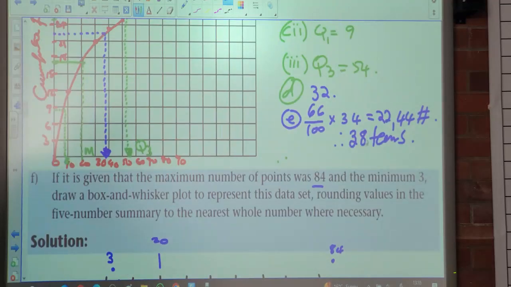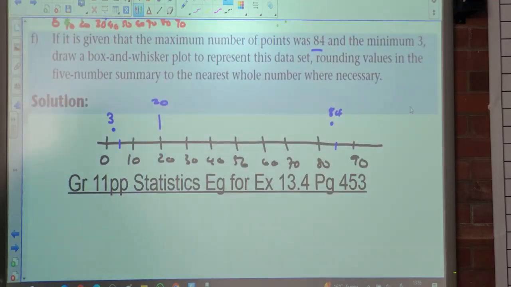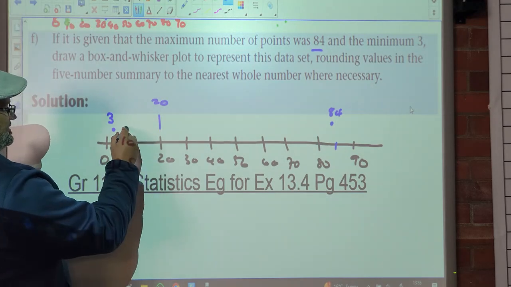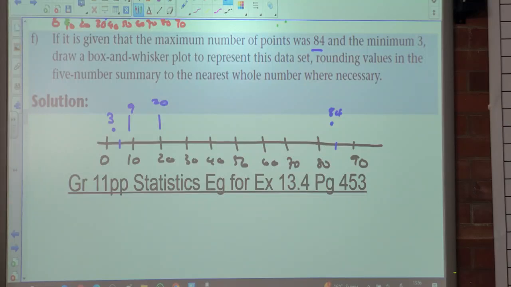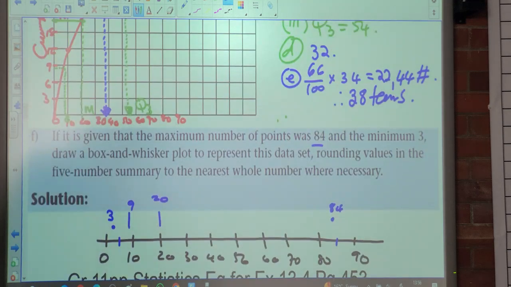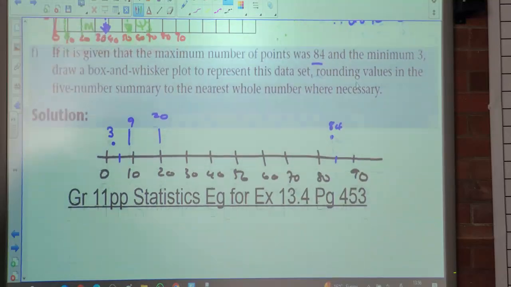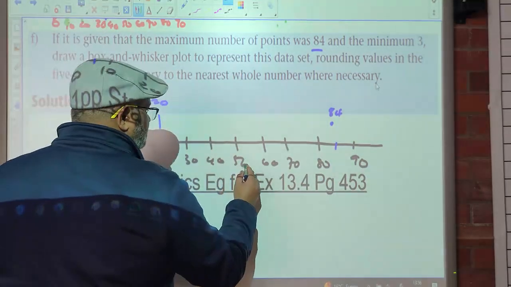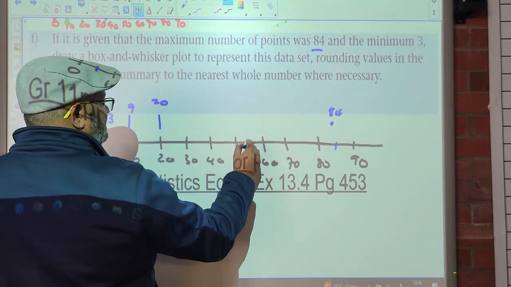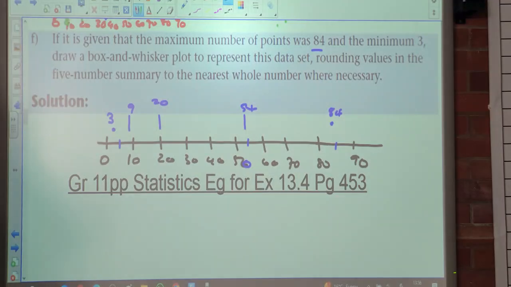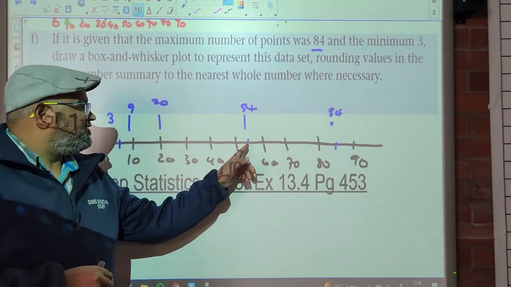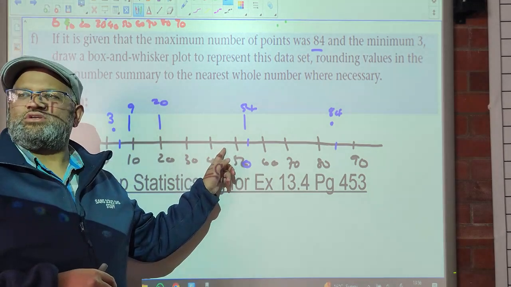Then Q1 is 8 or 9. 10 is here, 8 is approximately there, or 9. Whatever. I think I wrote 9 or 8. 9, huh? But on the WhatsApp I wrote 8. But anyway, 8 or 9. And then Q3 was 54. So there's 50, and 55 is there, so just less than that. It's 50. People, it's again by approximation. Of course, 54 won't lie here, then you'll definitely lose them all.